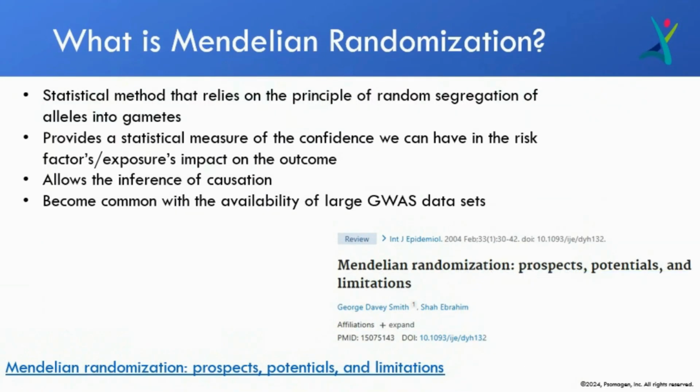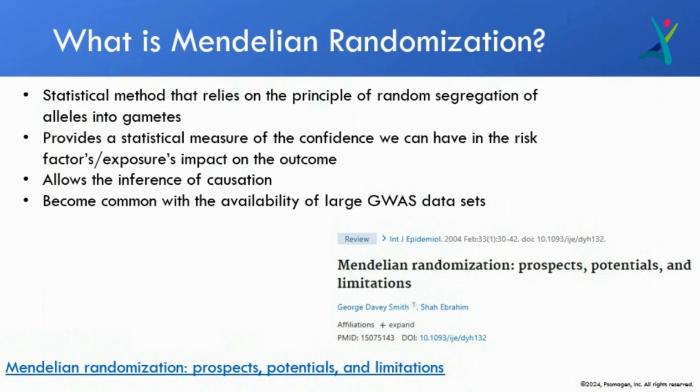Mendelian randomization is a technique developed by epidemiologists Davey Smith and Ebrahim that relies on Mendel's principle of random segregation of alleles into gametes. So one copy each of the gene goes into the gamete, one from mom and one from dad.